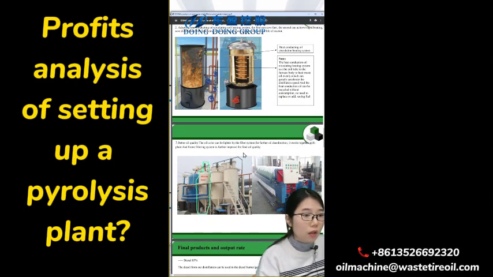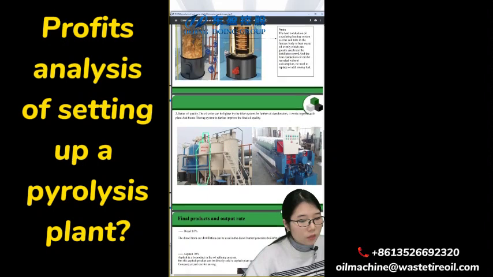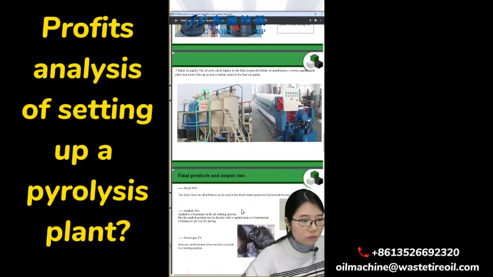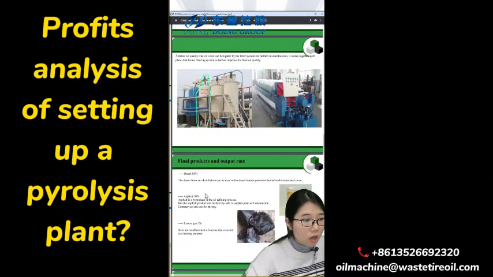The oil color can be lighter with the filter system. For further oil decoloration, it works together with the plants. Finally, you will get light yellow oil. This is the final product and output rate of the distillation machine.